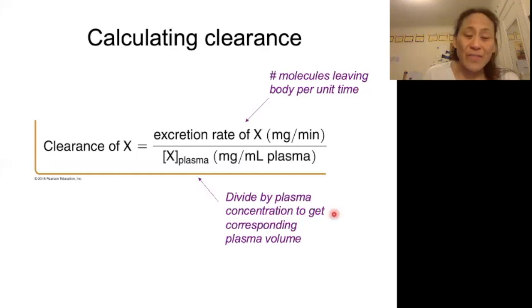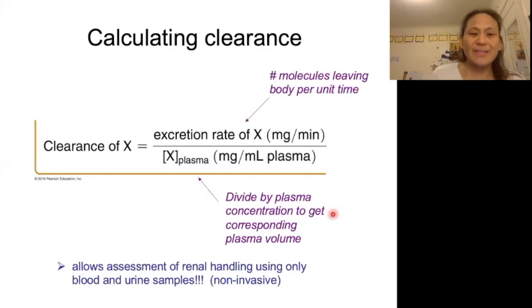So why the emphasis on clearance? Well, it turns out that clearance is a really handy way of telling how the kidneys are handling a solute, okay? And what's really great about it is that you can calculate it in a non-invasive fashion. Looking back at this equation, the numerator is the excretion rate of X, which you can figure out using urine samples.